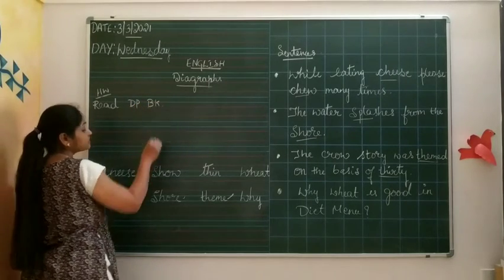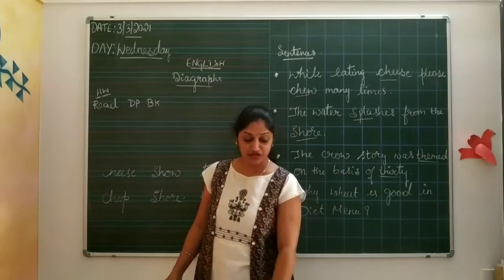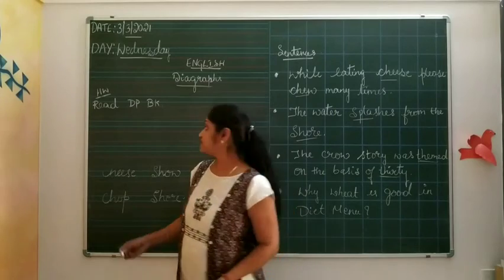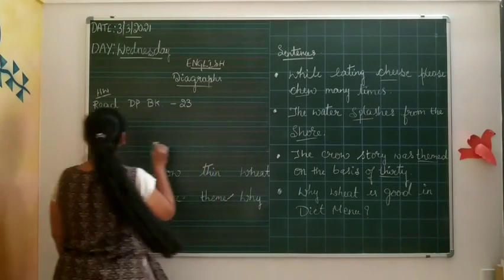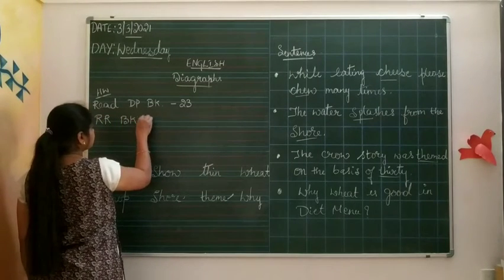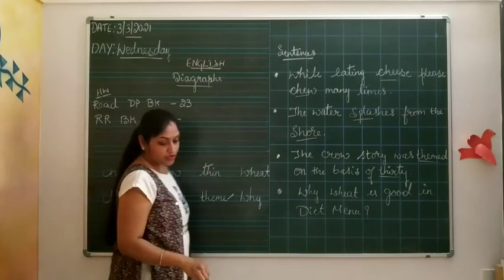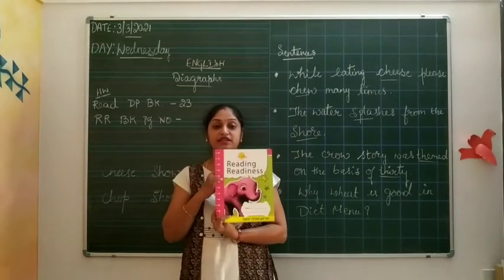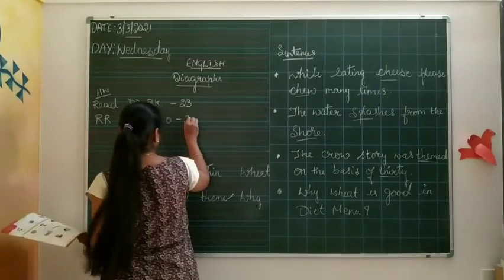The first homework is you have to read the Discover Phonics book from page number 20, 21, 22 and 23, till 23. Okay. Then your Reading Readiness book, please open your Reading Readiness book. In that the page number is 37.